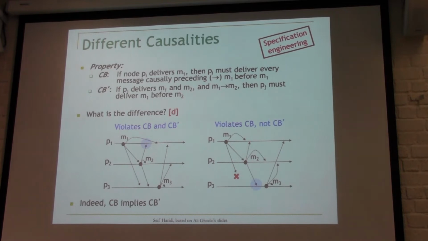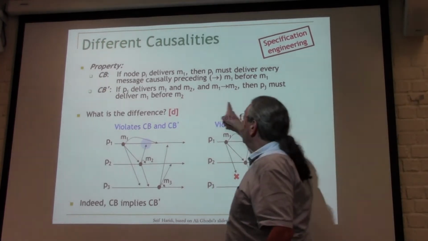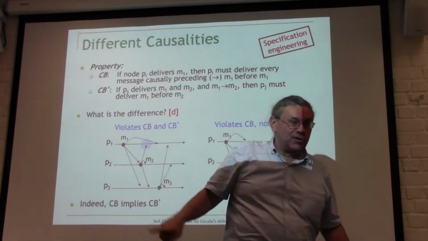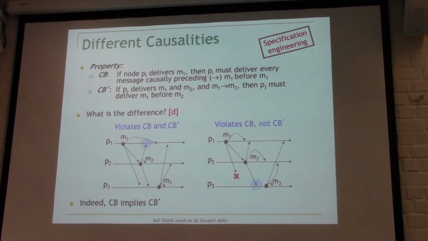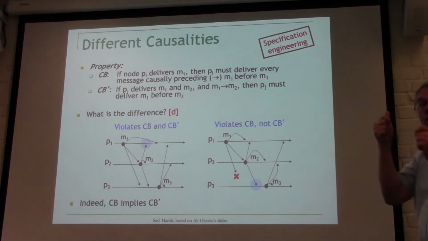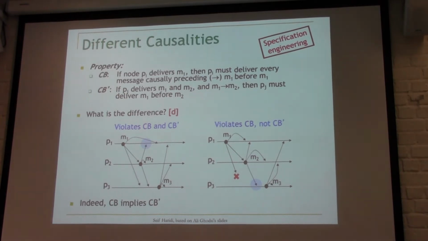Okay, you see that? And remember also, if you have if-then, always look at the if condition, huh? You have to always look at the if condition. And properties that might seem almost the same, maybe they're not really the same, okay?